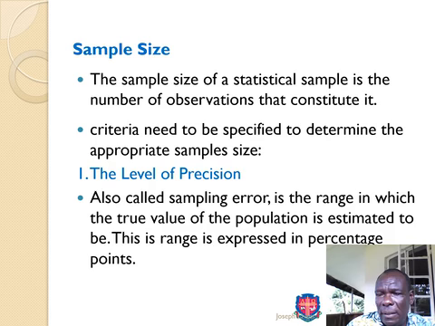One, the level of precision. This is also called the sampling error. It is the range in which the true value of the population is estimated to be. This range is expressed in percentage points.